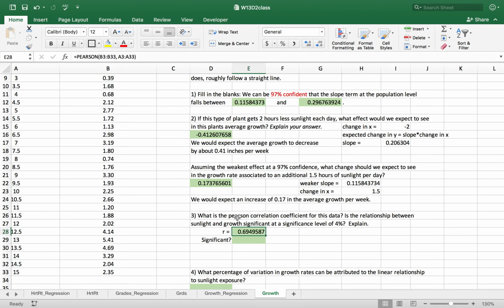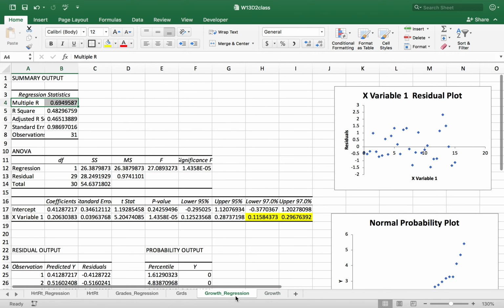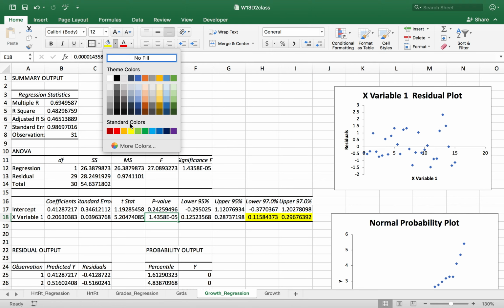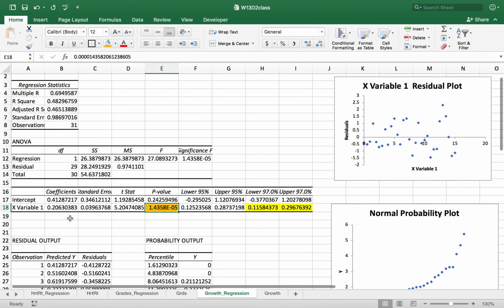But strength does not necessarily correspond to significance, so we do have to check, is this thing going to be significant at the population level? And remember, to check this, we need to take a look at the p-value for the hypothesis test for this slope term, okay?